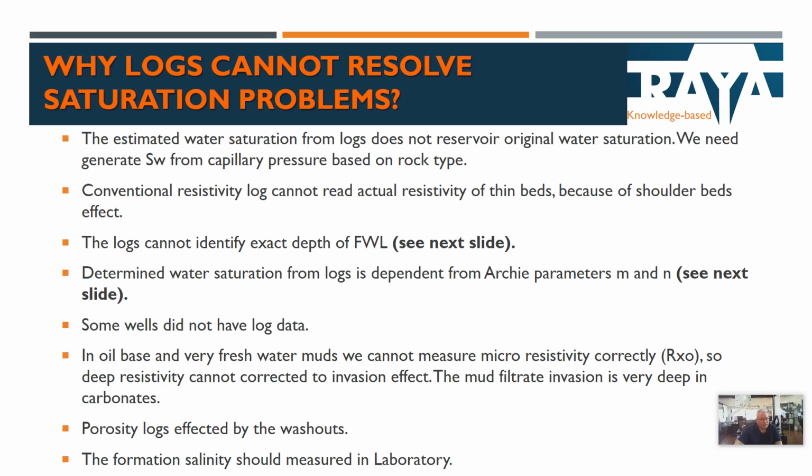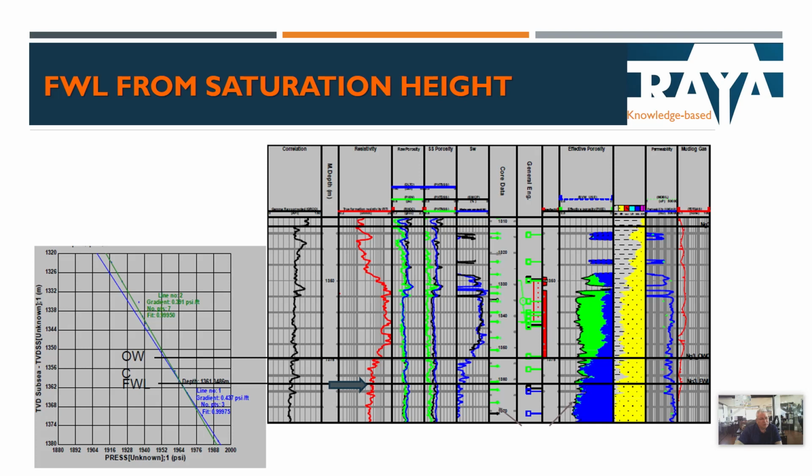Also, the formation water salinity we use to calculate the formation water resistivity is another parameter that affects the water saturation results, if we don't have data from laboratory measurements. The free water level cannot be identified exactly by resistivity log.